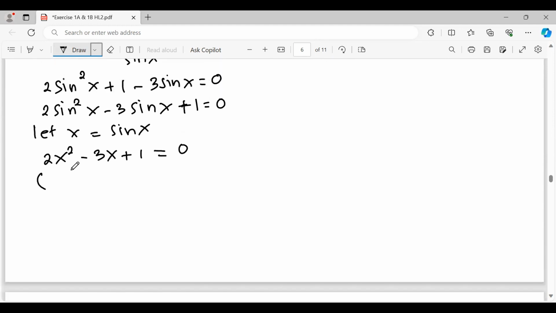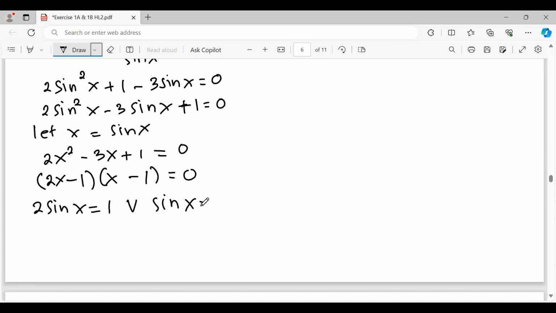The factorization will be 2x minus 1 and x minus 1, right? So 2 sine x equals 1, or sine x equals 1.